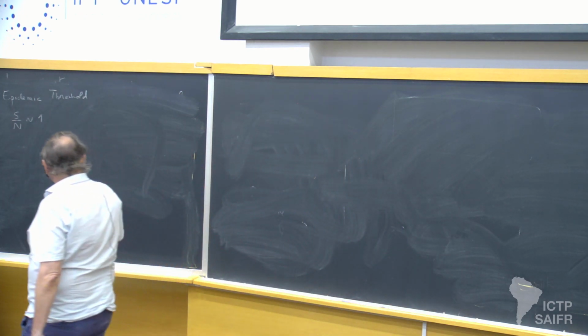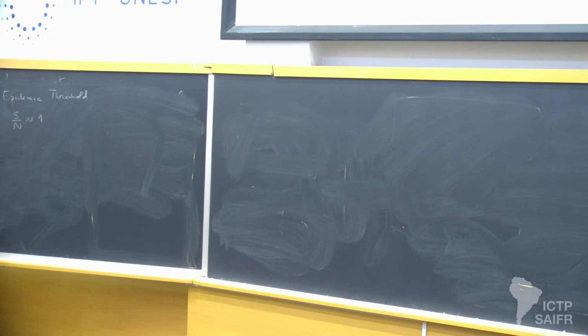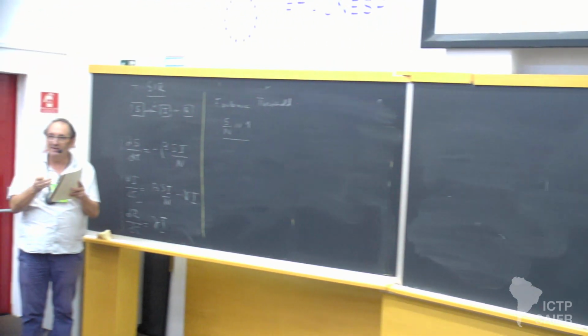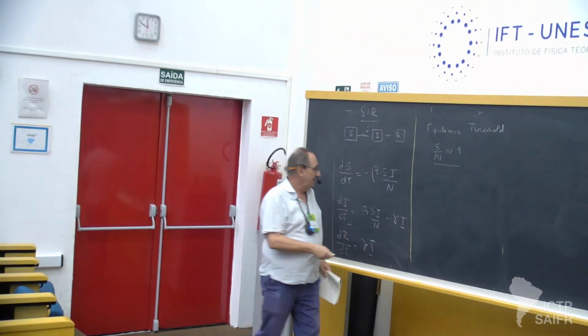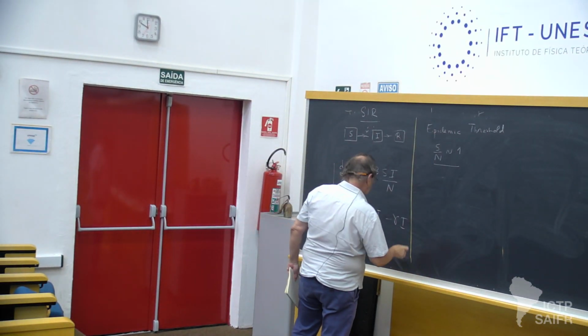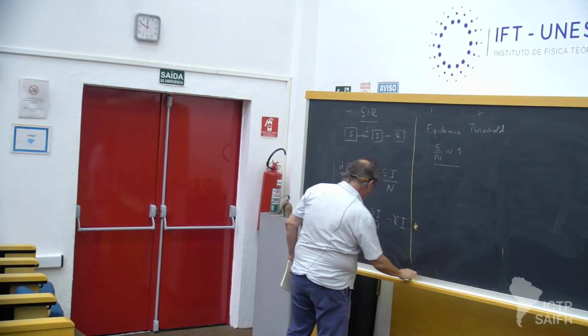And so you want to know, when this is approximately true, if I introduce a number of infectives, will the number of infectives grow or not? Or will it just decay? Then you have just to look for this equation here. Yeah?